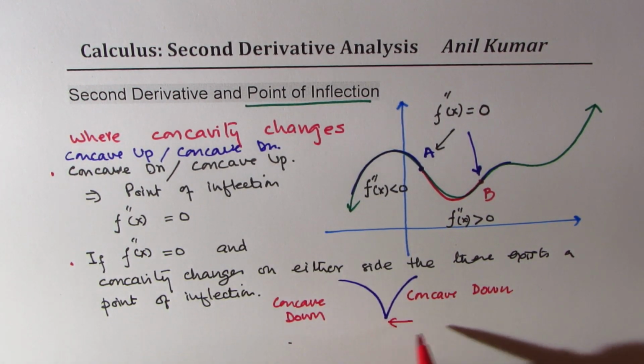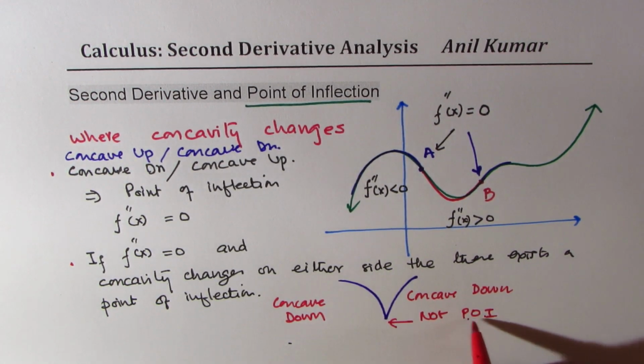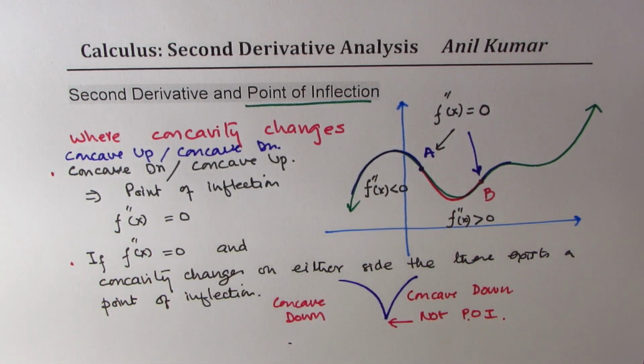So this point is not a point of inflection. Is that clear to you? Concavity has to change and the second derivative has to be 0 for a point of inflection to exist. I hope that point is absolutely clear.